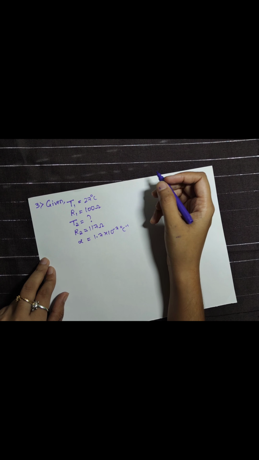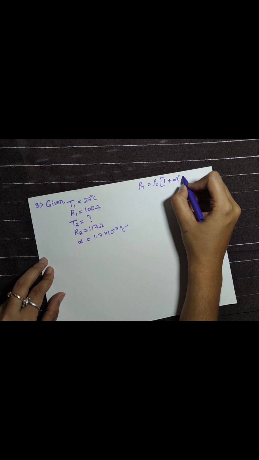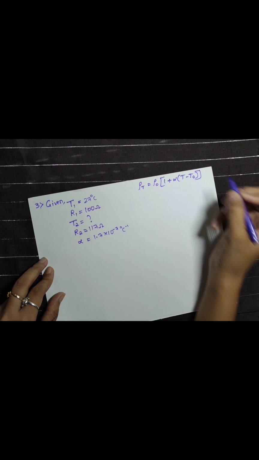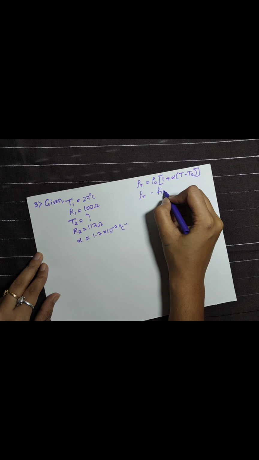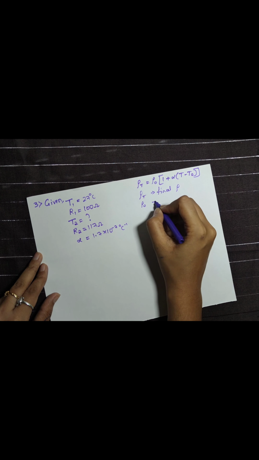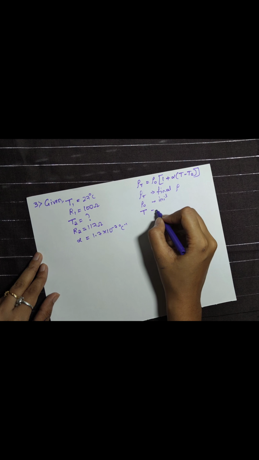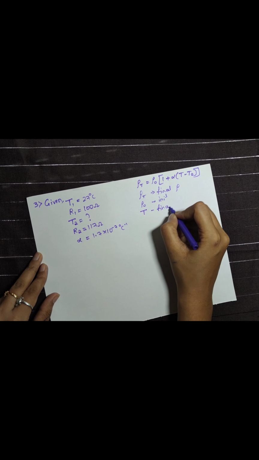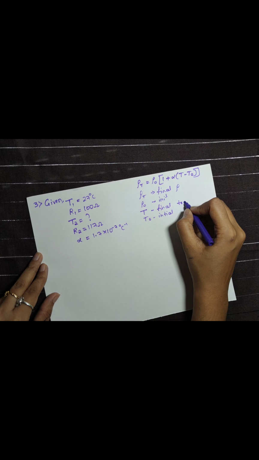See, from the temperature dependence of resistivity, we know the formula that rho T is equal to rho naught into 1 plus alpha into T minus T naught. Remember, rho T means final resistivity and rho naught means initial. In the same way, T is the final and T naught is the initial temperature.